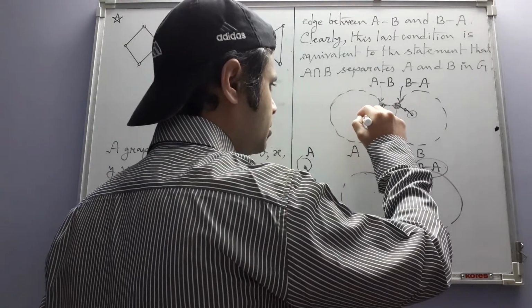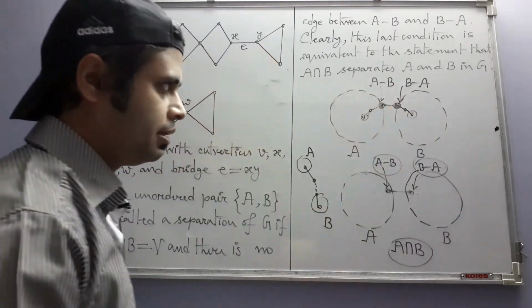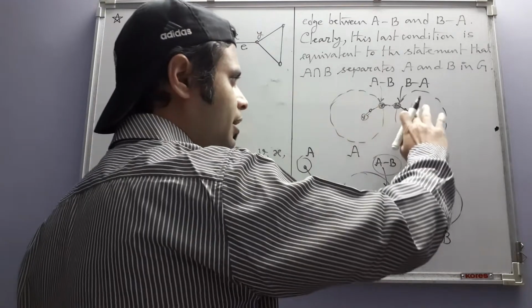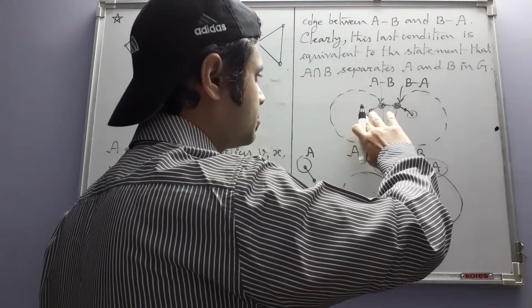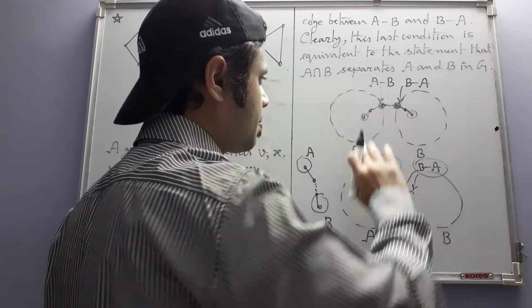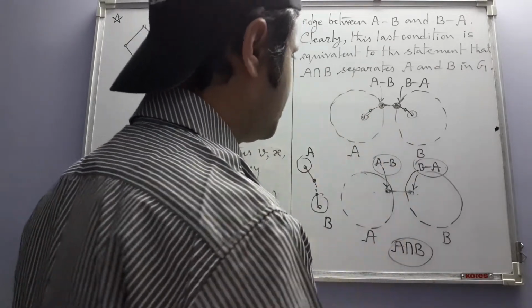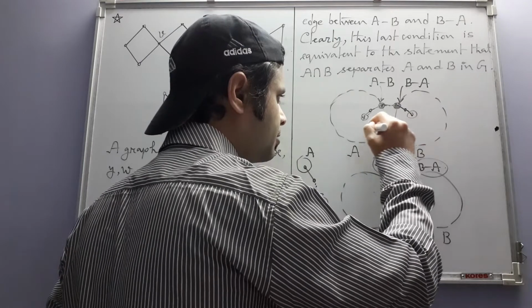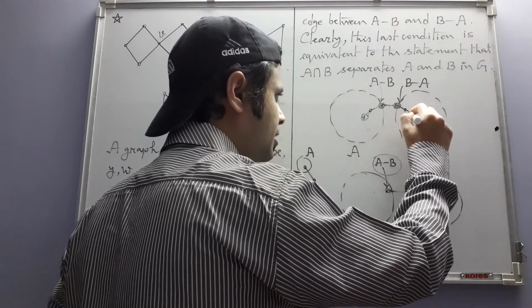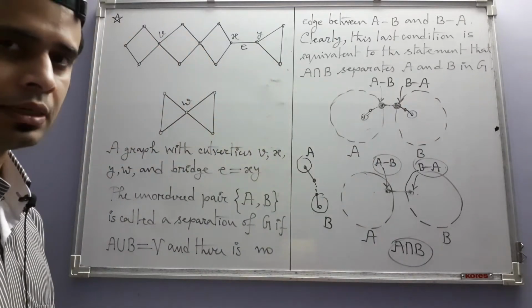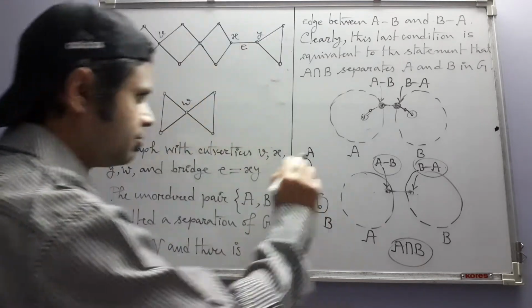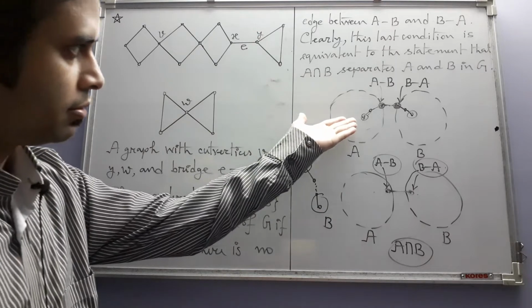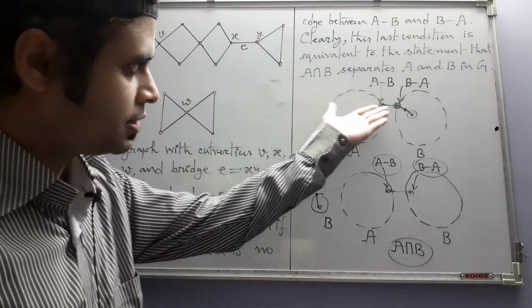So the way we have taken an AB path here, it will never come back. That is because if it comes back, then this intermediate vertex belongs to B, and that violates the definition of an AB path.